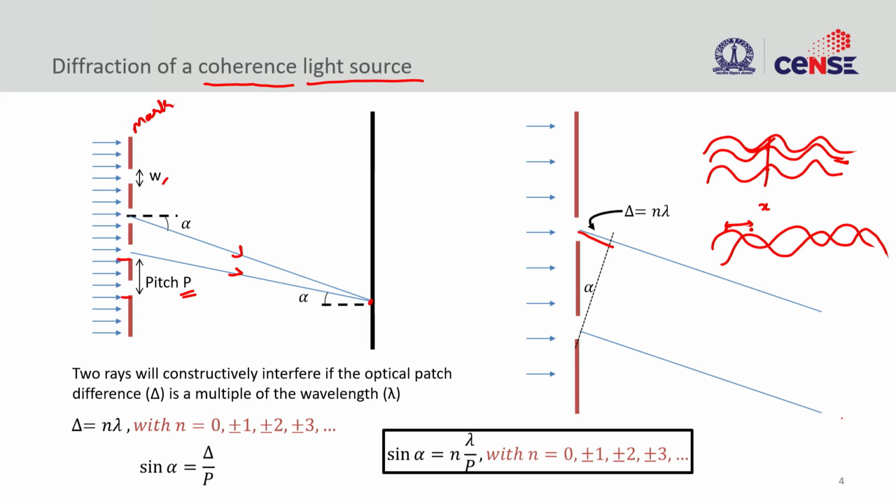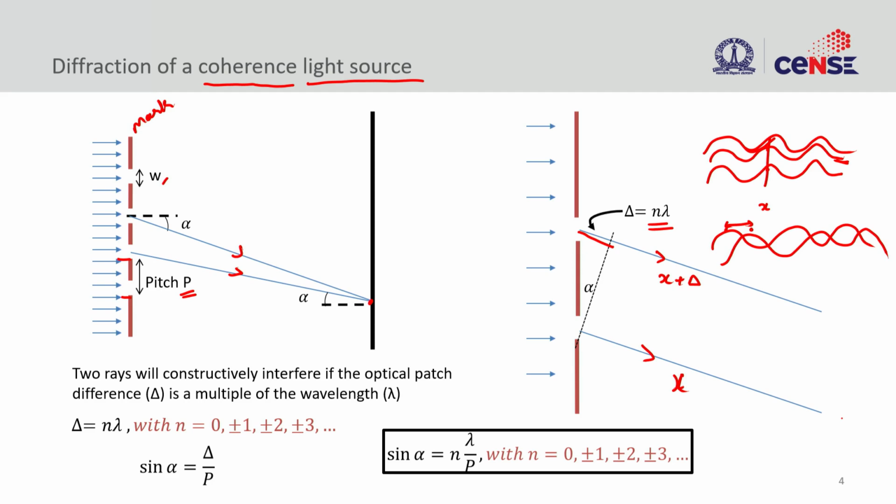This additional path length dictates the phase difference, because the light in this arm will travel a lesser distance compared to the beam here. If let us say x is the distance, here x plus delta is the distance that they travel.